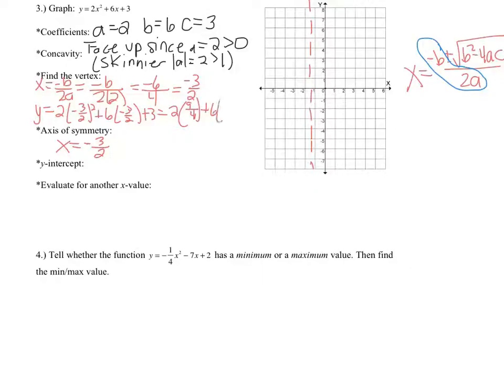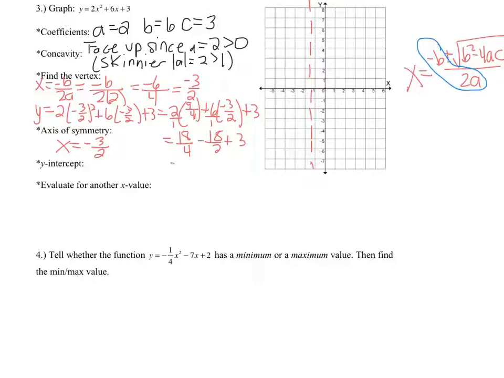And then I'm going to remind myself that when I take a whole number times a fraction, the whole number is always over 1. So the whole number is only multiplied by the numerator, the denominator is unaffected. So I'll get 18 over 4 minus 18 over 2 plus 3.